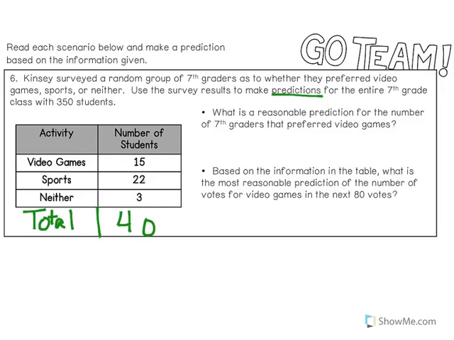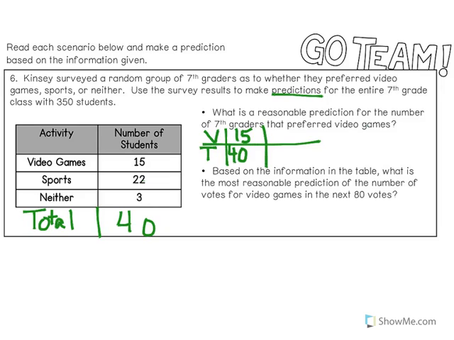So when it asks for the prediction for 7th graders who preferred video games, I'm talking about video versus total. And in this table, 15 prefer video out of 40.